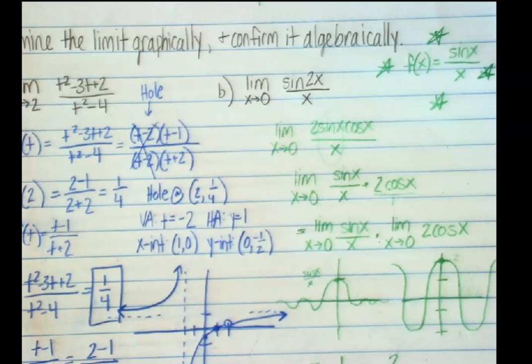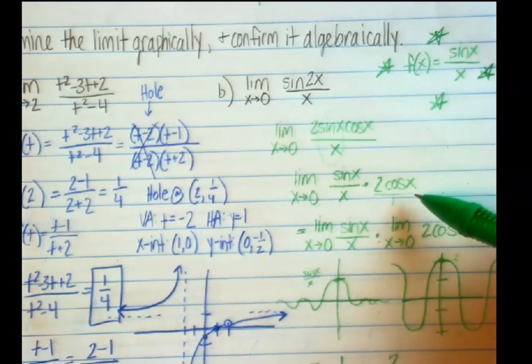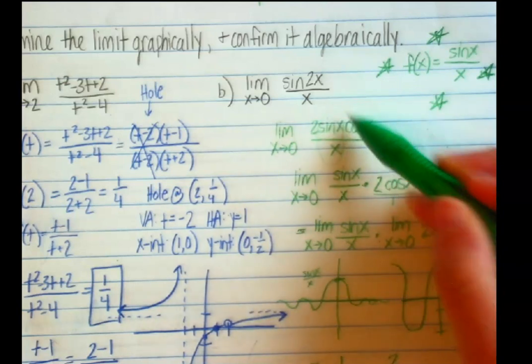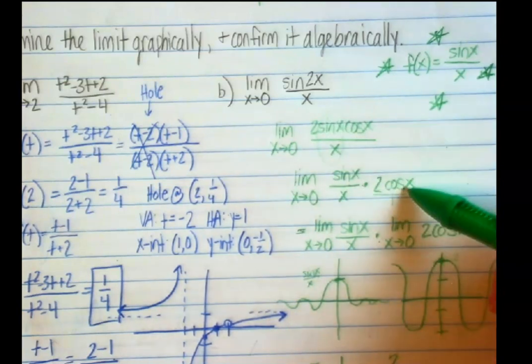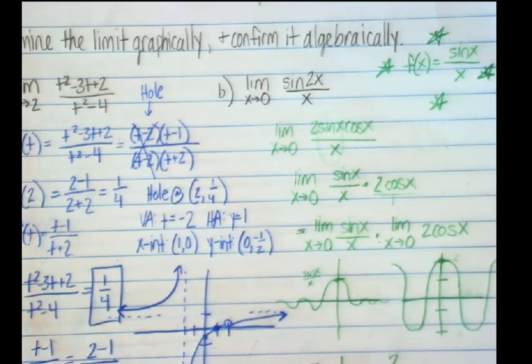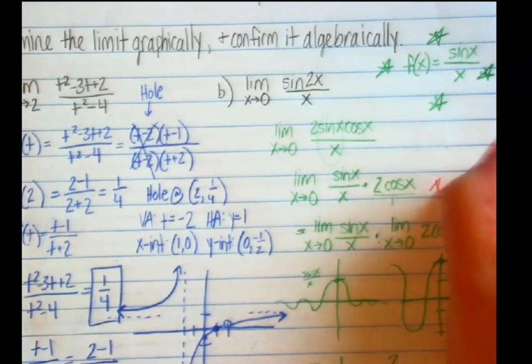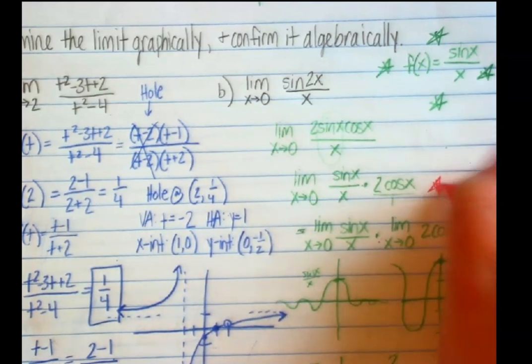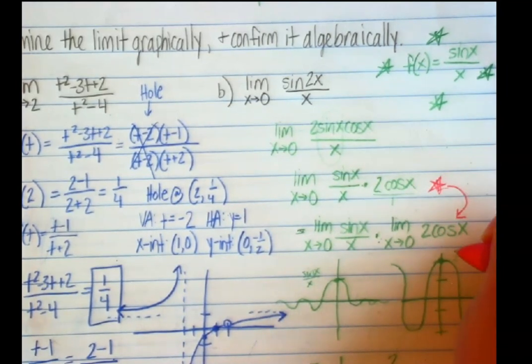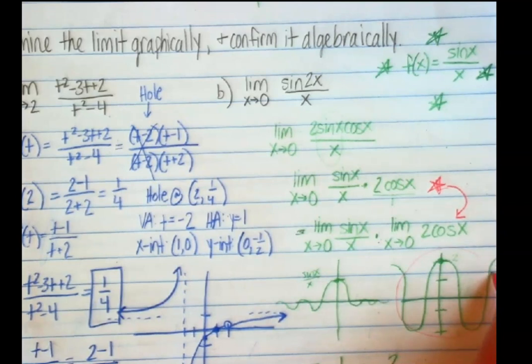If I wanted to do this algebraically, it would be pretty similar to what we just saw: we would have to use the identity and split it up still. The only difference is that at this step right here, I would still convert it into 2 limits, but instead of drawing this graph, I could just plug 0 in for x.